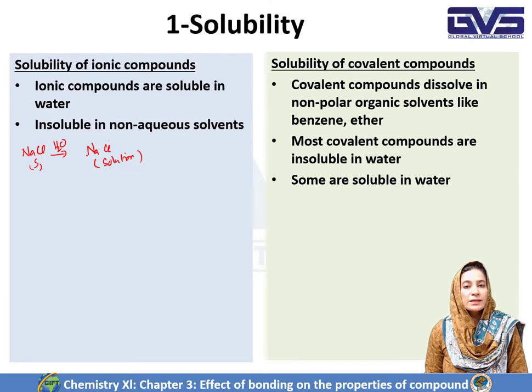What happens? Basically, this is the process of solubility. What is actually the reason sodium chloride dissolves in water? Sodium chloride is formed by electrostatic force of attraction between sodium ion and chloride ion. The energy that is required to break these ions apart is called lattice energy.